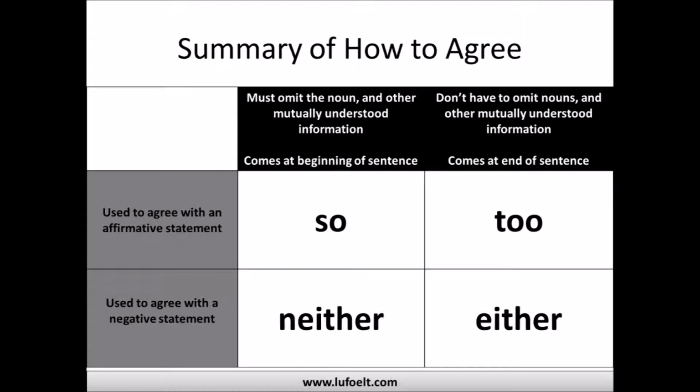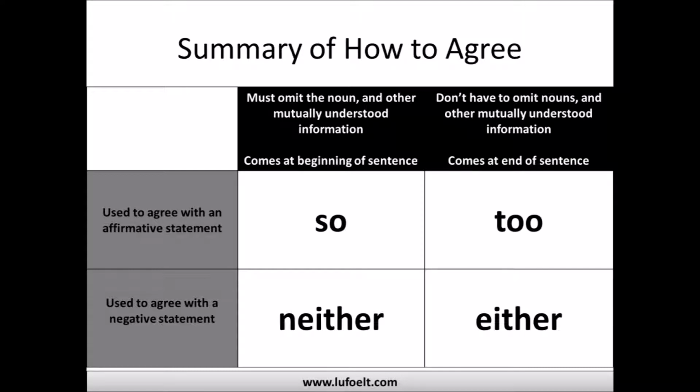And when we use neither to agree with a negative statement, again, you must omit the noun and other mutually understood information. Okay, and these words come at the beginning of the sentence. So and neither are very similar in that way because you have to omit the nouns and the other information, and they both come at the beginning of the sentence.